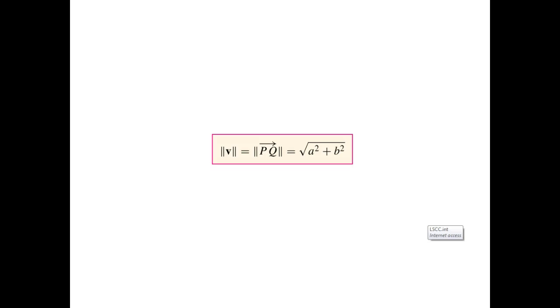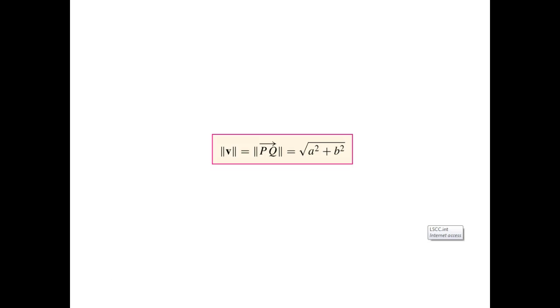Now, the magnitude of vector V would be the magnitude of the vector PQ, and that magnitude is always going to be the principal square root, meaning positive square root, that's why it's always positive, of the first component squared plus the second component squared. If this was a three-dimensional vector, it would be the square root of a squared plus b squared plus c squared.